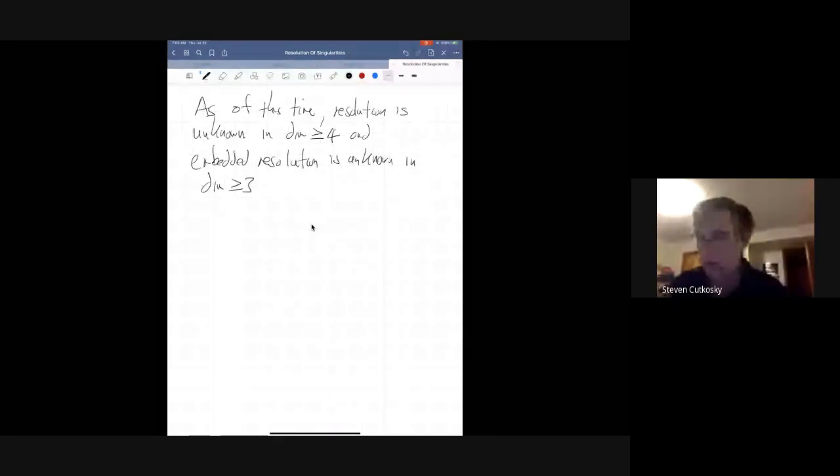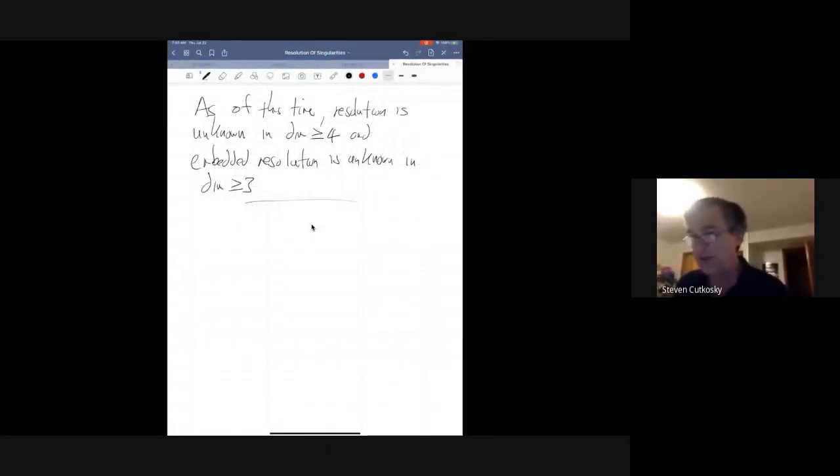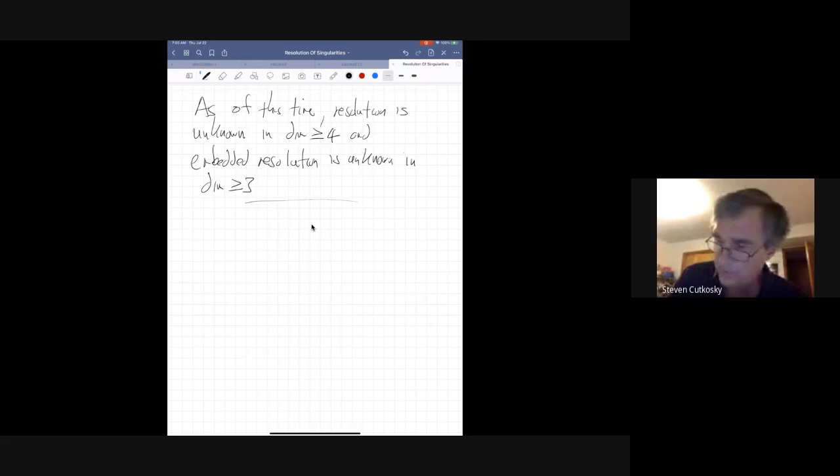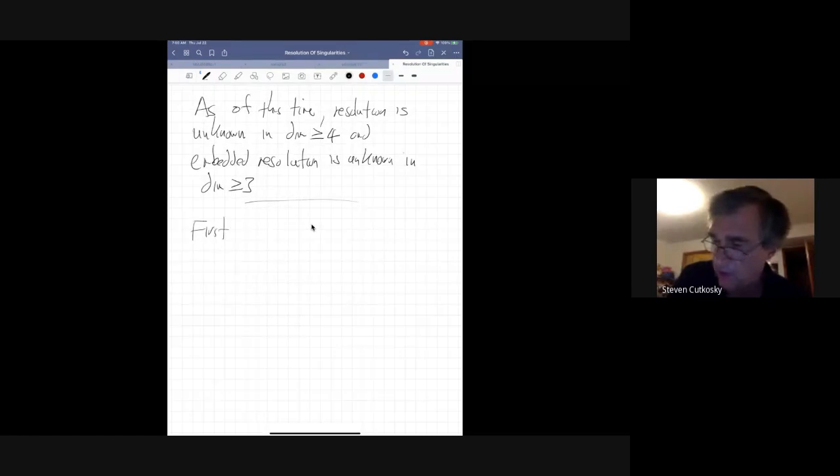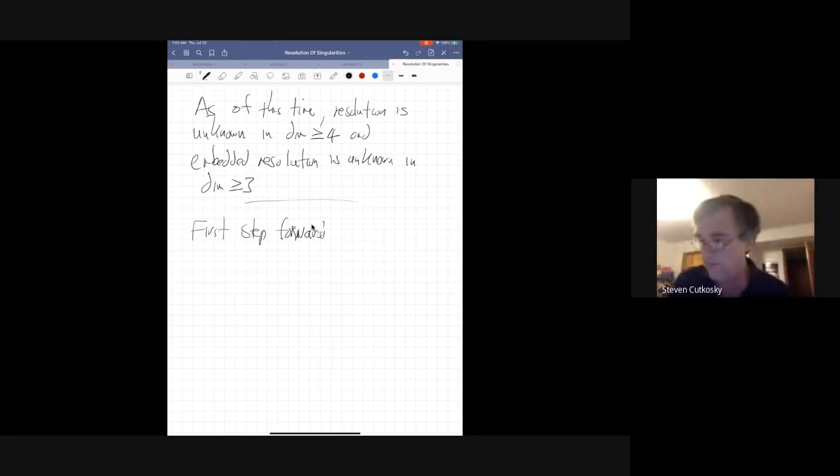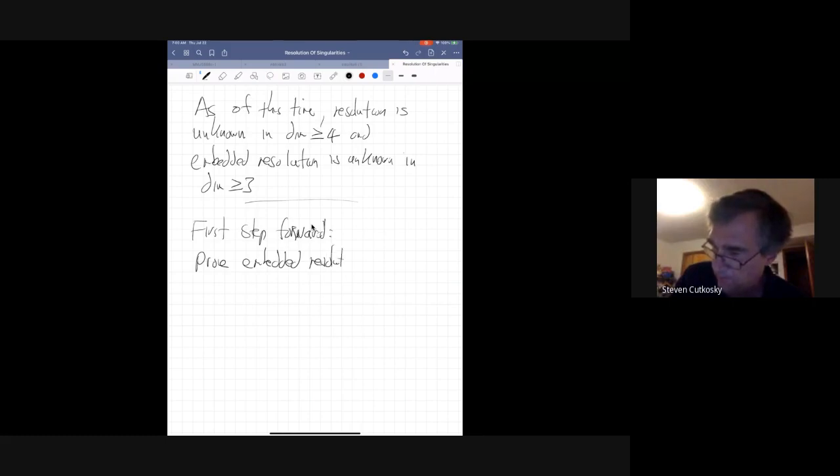So I would say the next step, if we use the methods which people are trying to use, who knows how one finally will settle this, the first step forward is to actually prove embedded resolution in dimension 3.